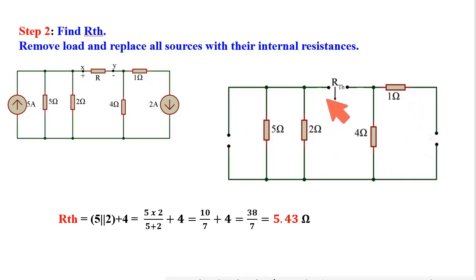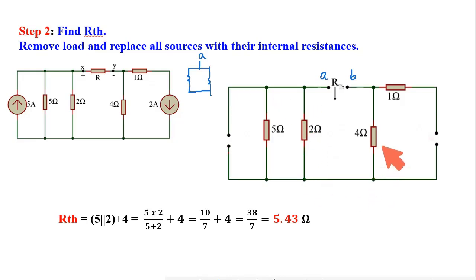If it is difficult to understand, then you can redraw the circuit in a simple way. Say this is point A and this is point B. Starting from point A, there are two paths. One path is 5, another path is 2, meeting at a particular point.